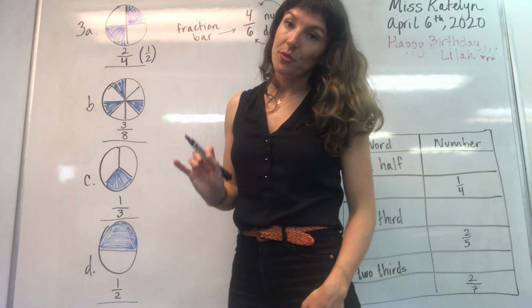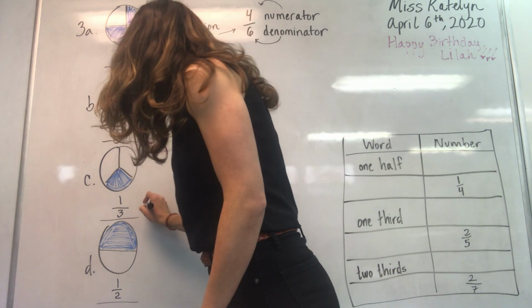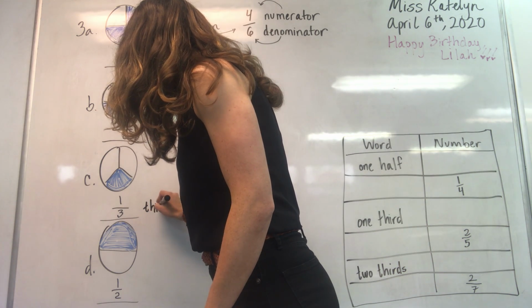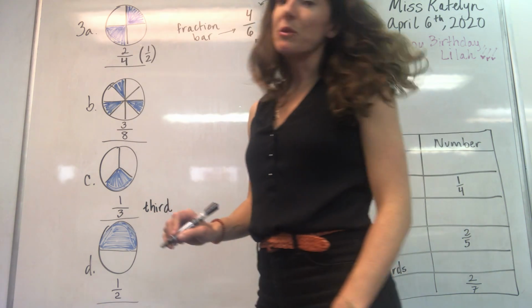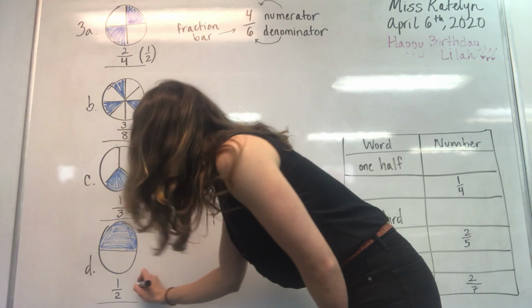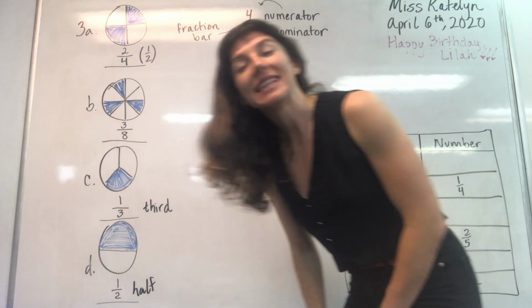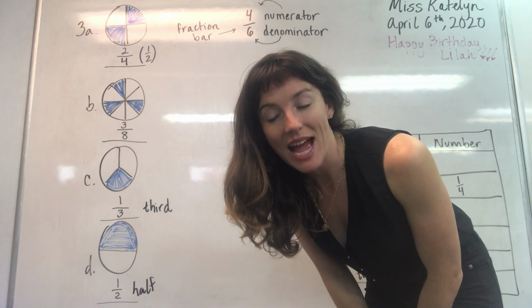When you have a number 3 on the bottom as a denominator, we call that a third, okay? And when you have a 2 on the bottom as a denominator, we call that a half. All right, these are 2 that you definitely need to memorize.